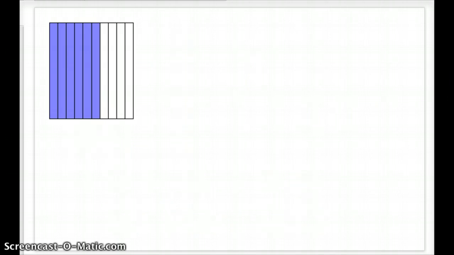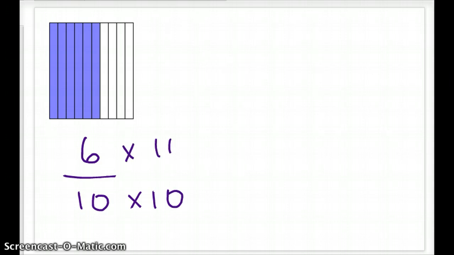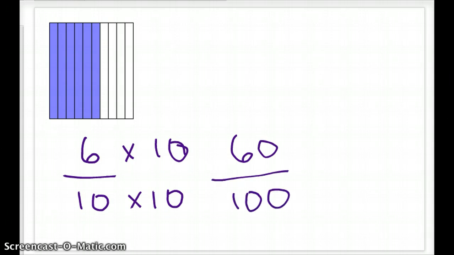Let's take a look at this next one. We have 6 rows out of 10. Again, I can multiply my bottom by 10, I can multiply my top by 10, and get 60 out of 100. I can write this in dollar and cents notation, which is a decimal, and write 60 cents, or I can just remember that one place past the decimal is 6/10.